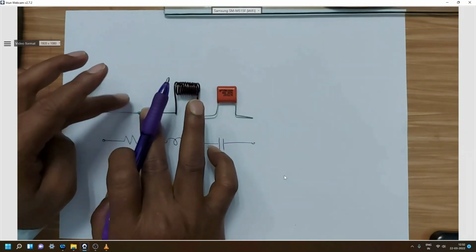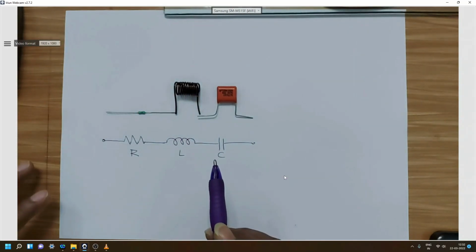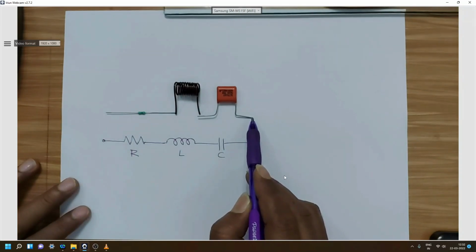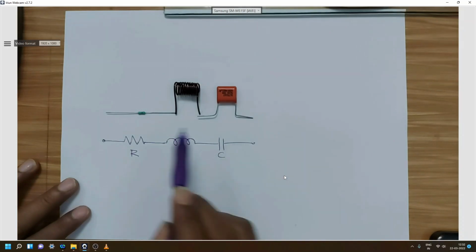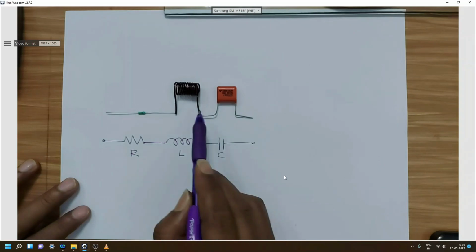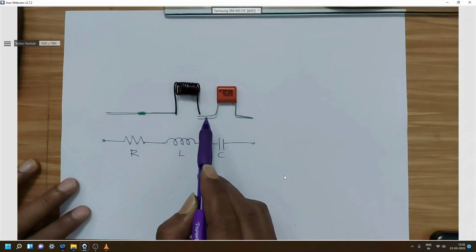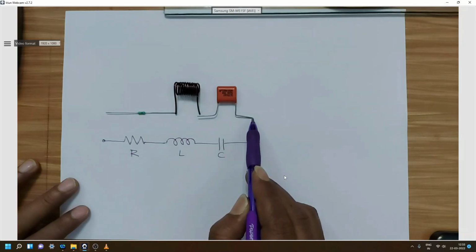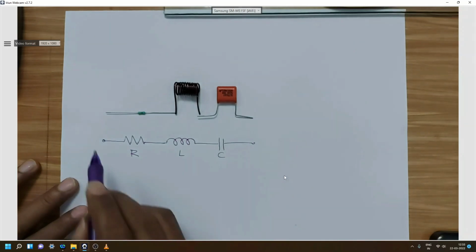If we want to connect them to develop a series RLC circuit, the starting point of the resistor and the ending point of the capacitor will be connected to the supply. The ending point of the resistor will be connected to the starting point of the inductor, and the ending point of the inductor will be connected to the starting point of the capacitor. And as we said, the ending point of the capacitor will be connected to the supply.